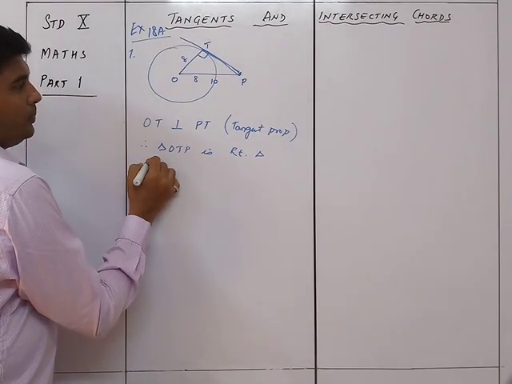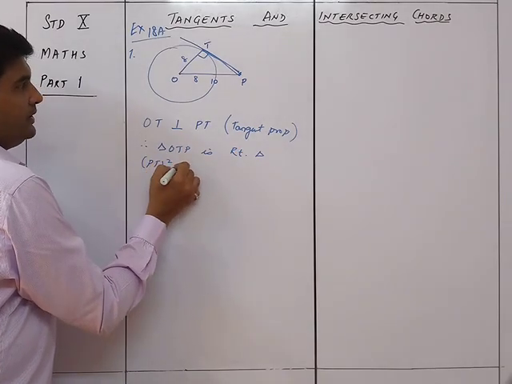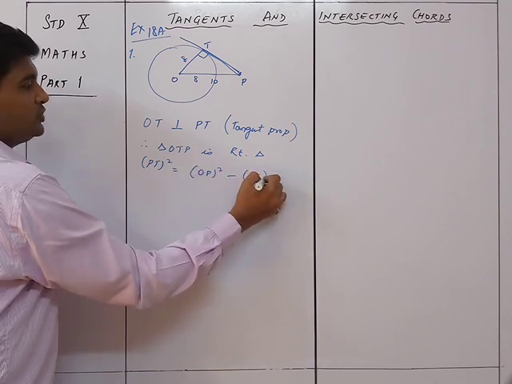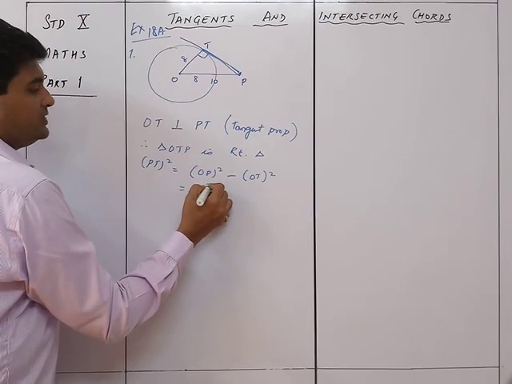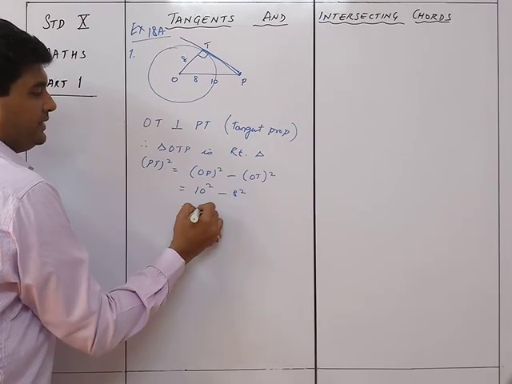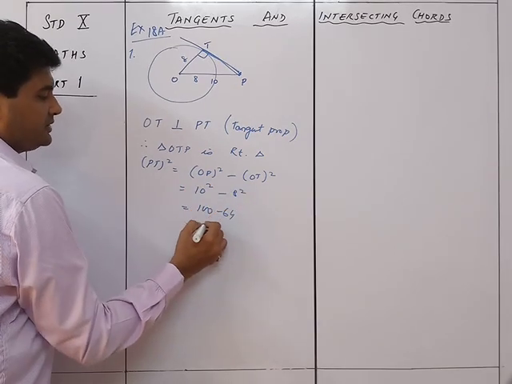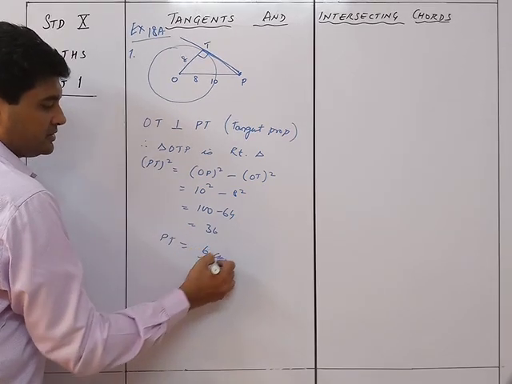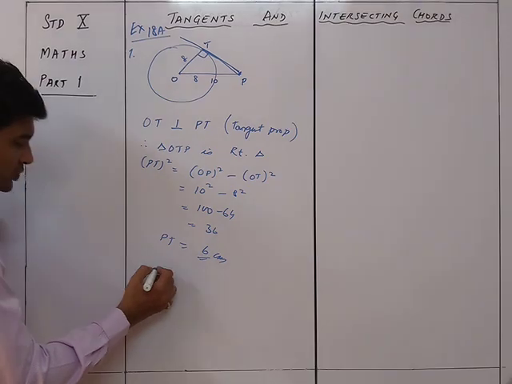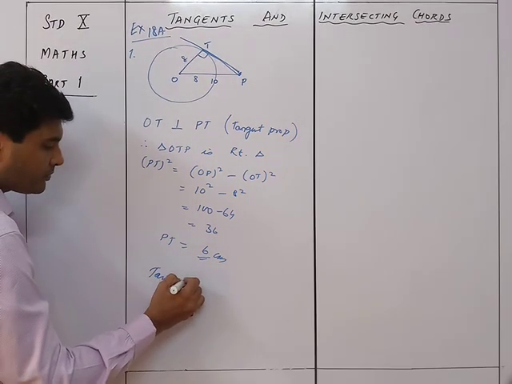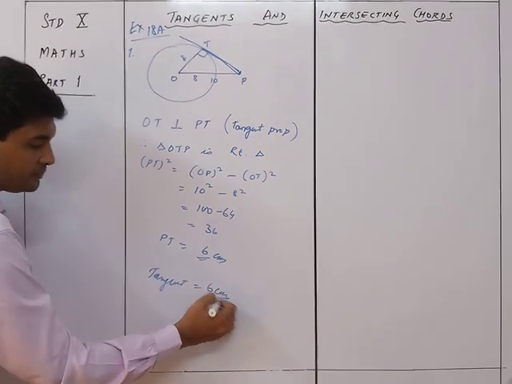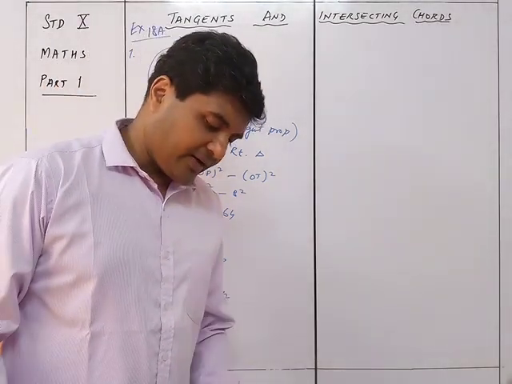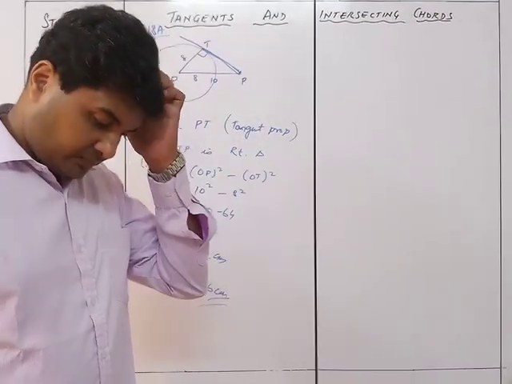Therefore, PT square is equal to OP square minus OT square, is 10 square minus 8 square, is 100 minus 64, is 36. So PT is equal to 6 centimeters. So the length of the tangent is 6 centimeters.